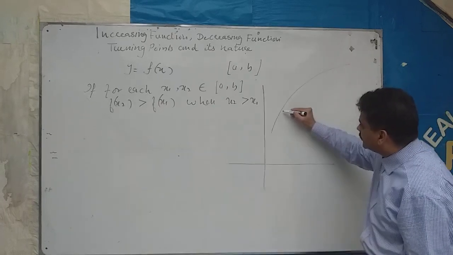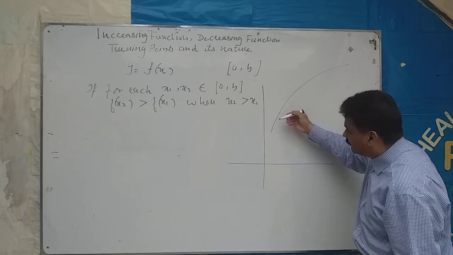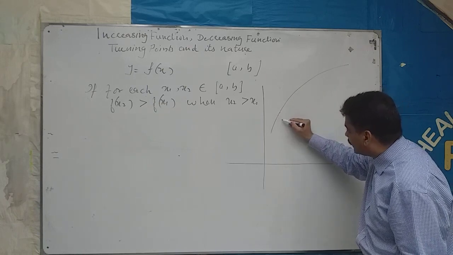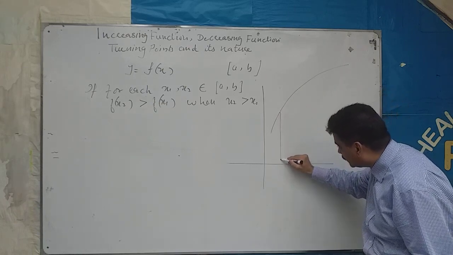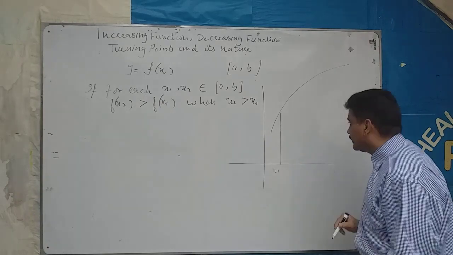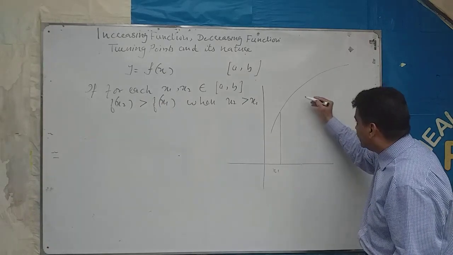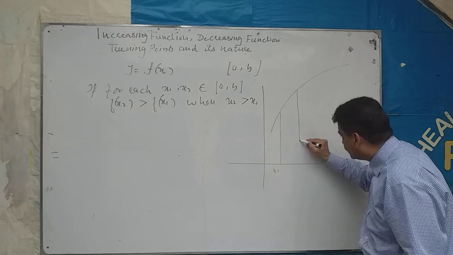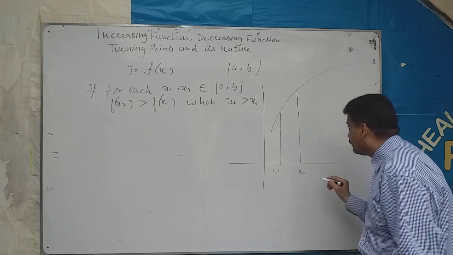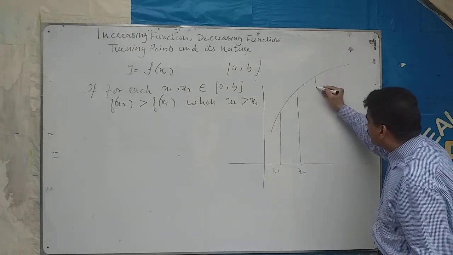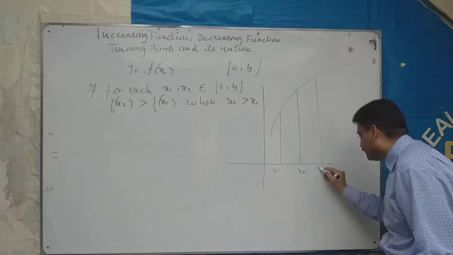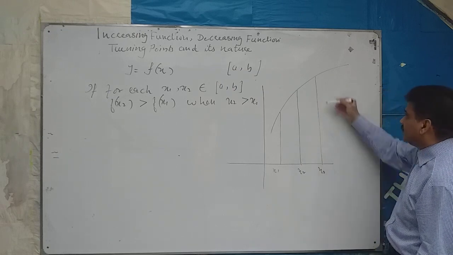We take some points with their ordinates. Here x1, x2 and their coordinates. Again we take x3 with its coordinate.